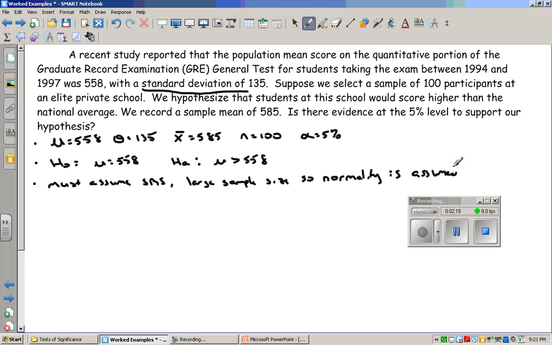And sigma is known. Based upon those three assumptions, we can now name the test that we're going to use: a one-sample z-test for the mean.